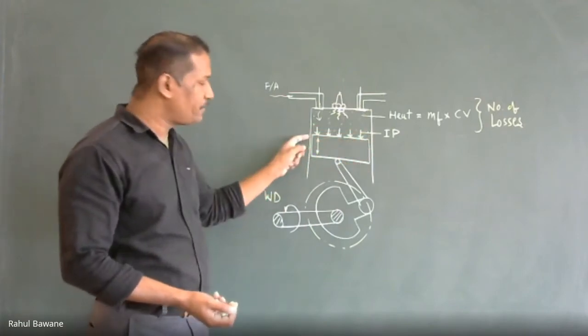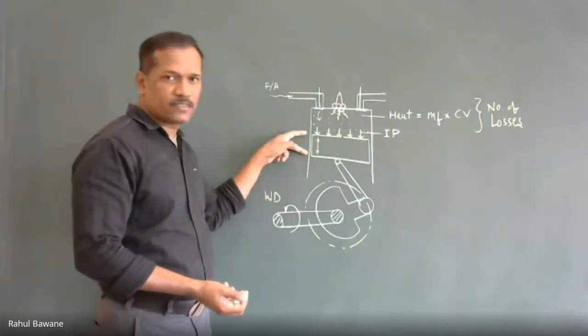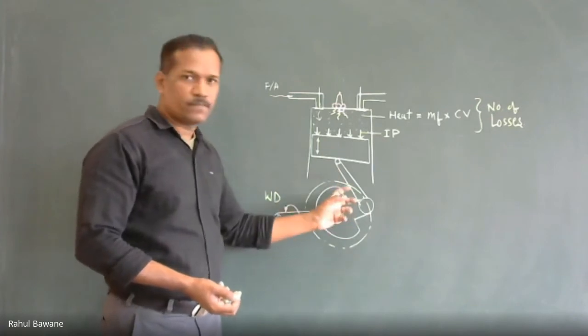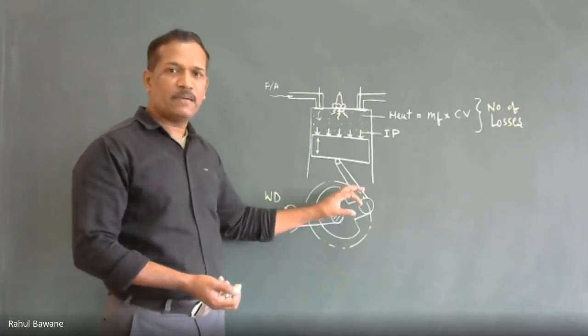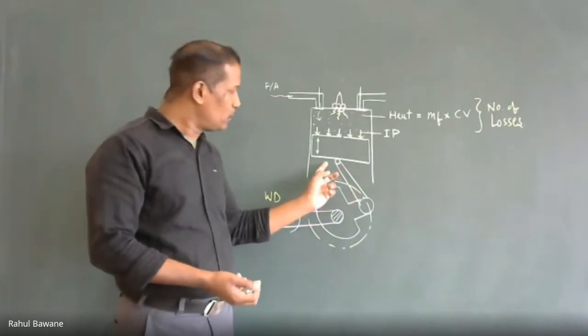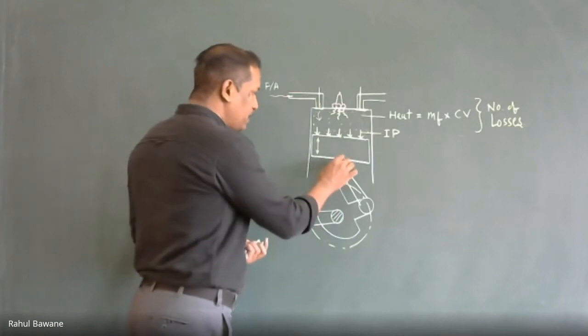Now the piston will start moving, so there will be friction. Some of our power is lost to overcome this friction. There will also be bearings. Bearings can minimize the friction, but they cannot eliminate it, so there will be some power loss to overcome the bearing friction.